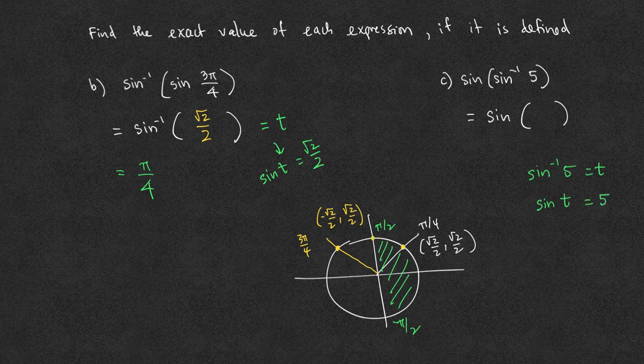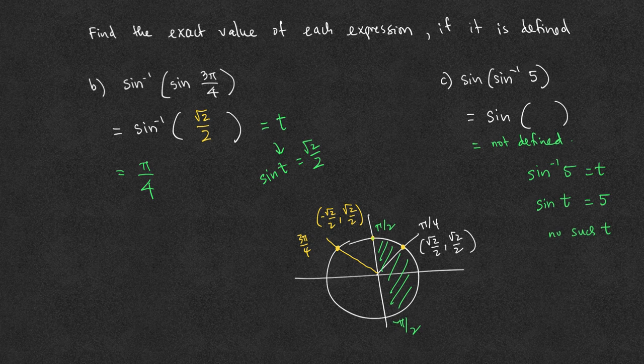Sine of a number has to be between negative 1 and 1, and so there's no such t at all. We conclude that the value is not defined because sine inverse of 5 is not defined.